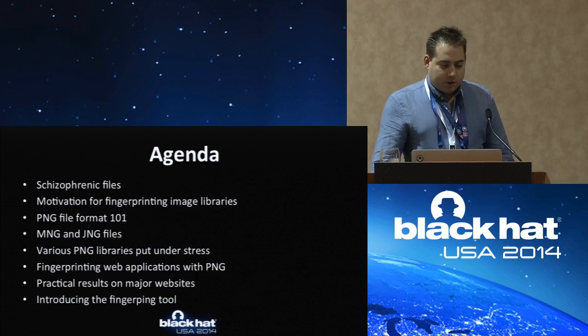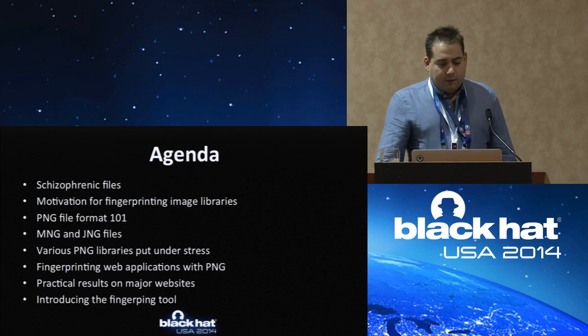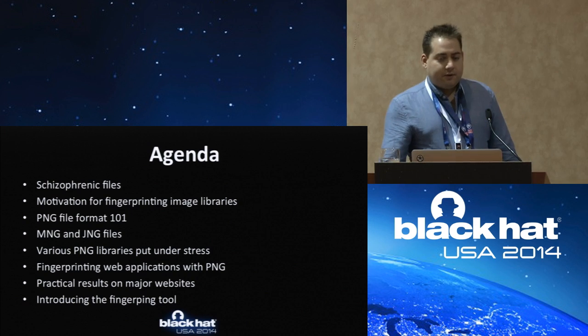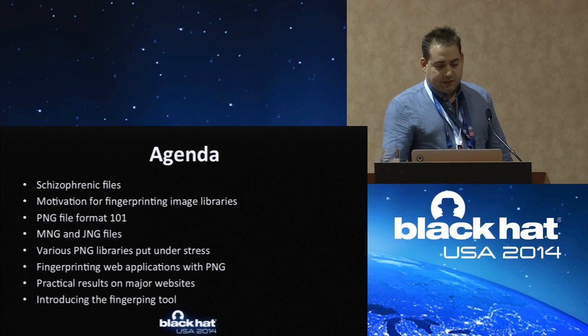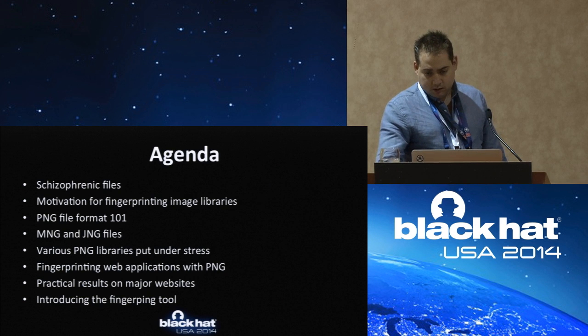Then we'll show how we can differentiate quite a few common PNG libraries. Then I will show how to apply that to web servers. And I will show some practical results on some big websites. And I will present small tools that can automate these things.